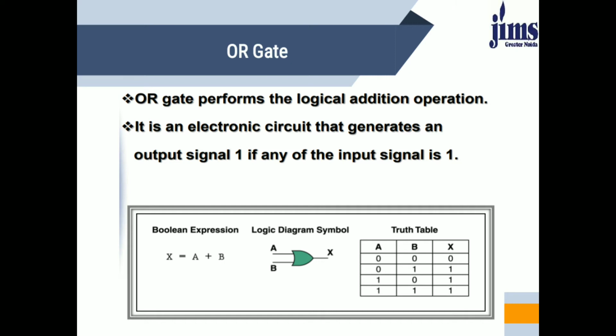The expression is x equals a plus b. Here plus represents the logical OR operation. So according to this, if any of the inputs is 1, then the output is 1. You can check my statement from the truth table.